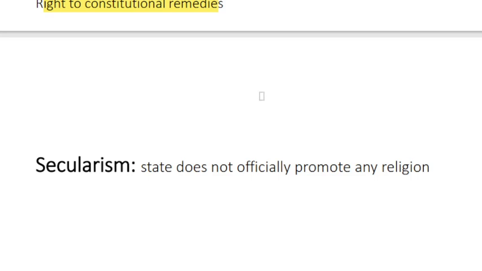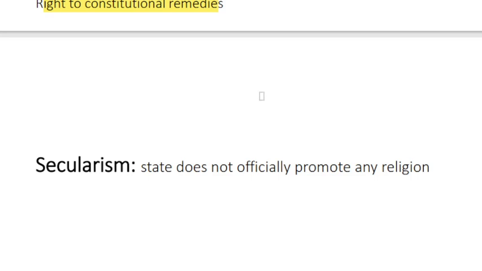In our preamble, the word secularism is mentioned. Here people of all religions have equal right to live here, and they have equal right to get the benefits of this country and these governments. In secularism, they are not officially promoting any religion.